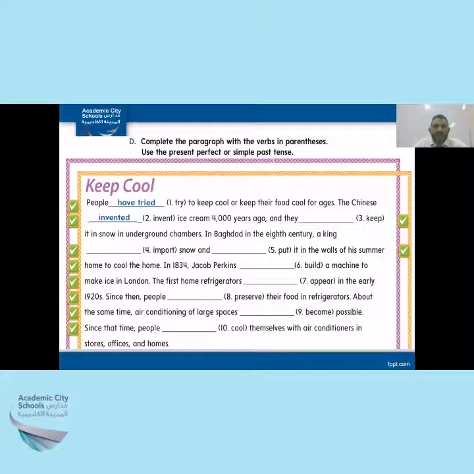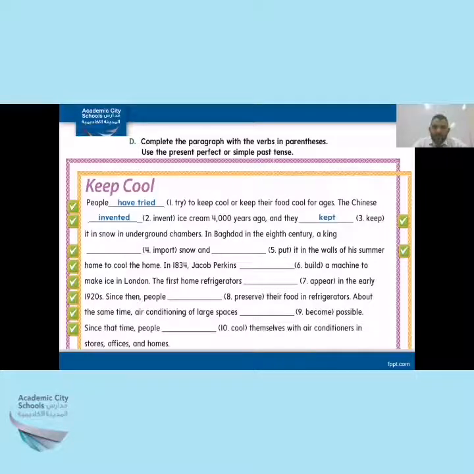And they space it in snow in underground chambers. Complete the sentence using the past simple. Excellent. What is the verb 2 of keep? The verb 2 of keep is kept. Excellent. Because keep is an irregular verb.